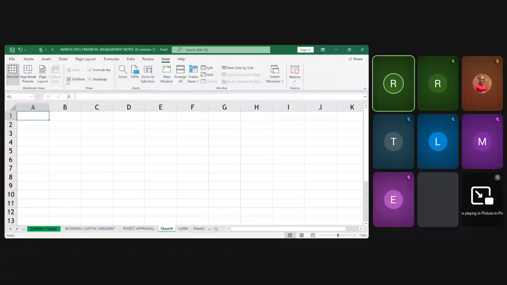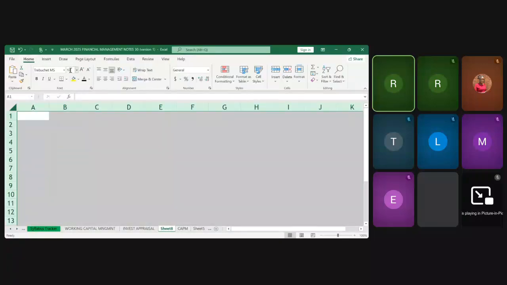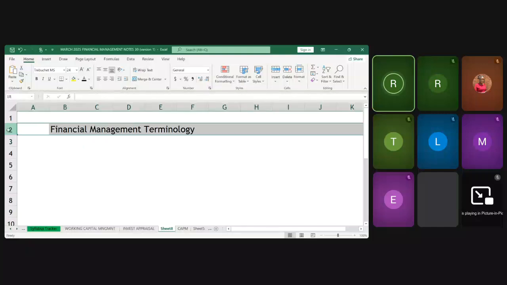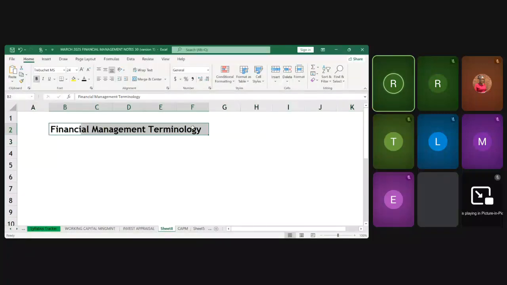What we want to do here is to look at the financial management terminology that is used, so that we can understand the issues to do with time, and the issues again to do with value of money.